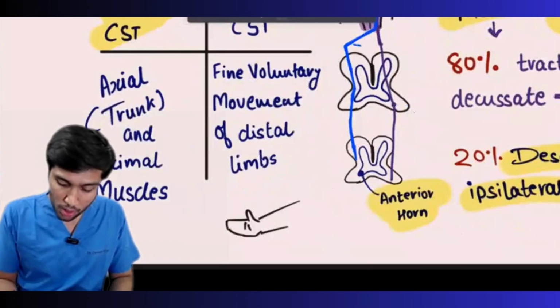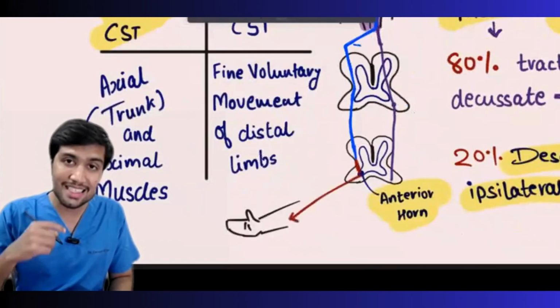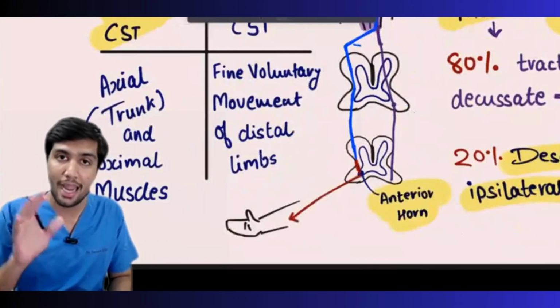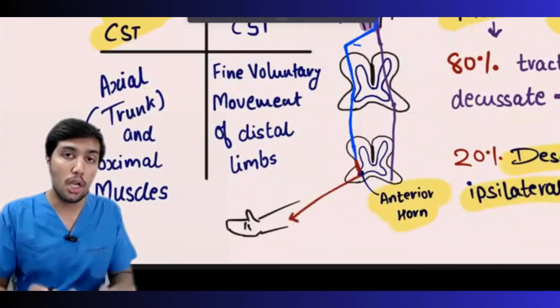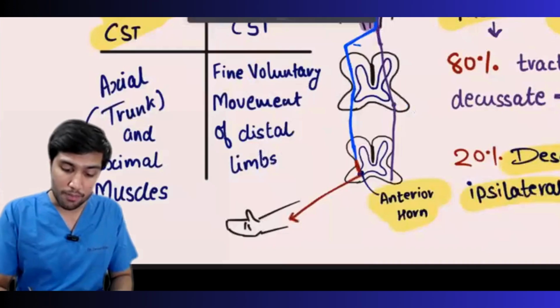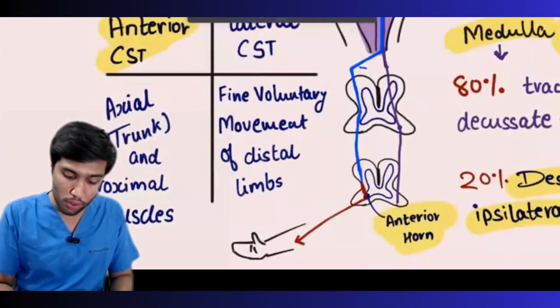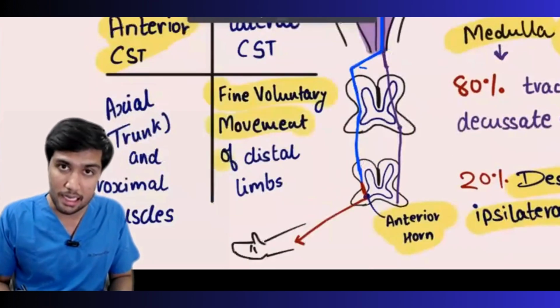From here, the lower motor neuron will take the information towards the distal muscles of your limbs, of your hands and foot, and hence the lateral corticospinal tract will be responsible for your fine voluntary movements of your distal limbs.